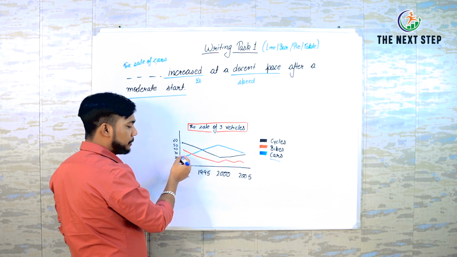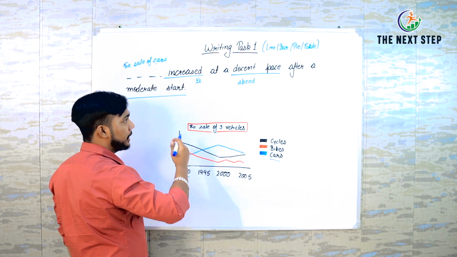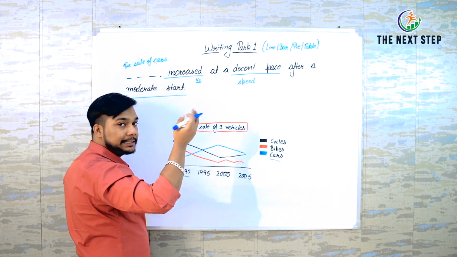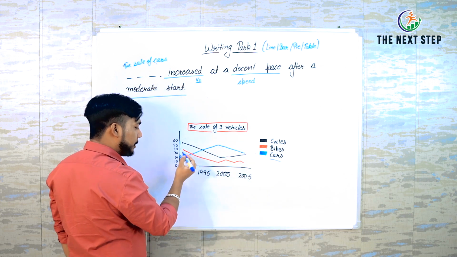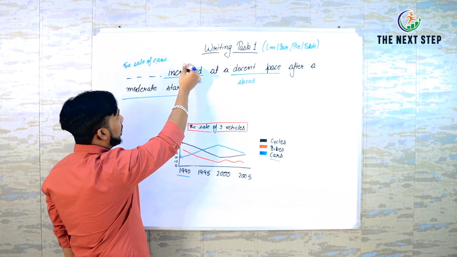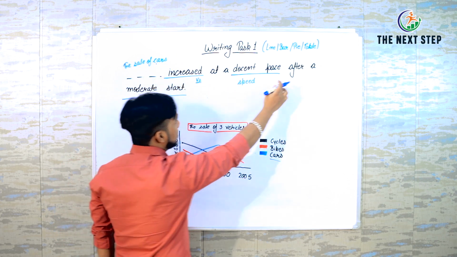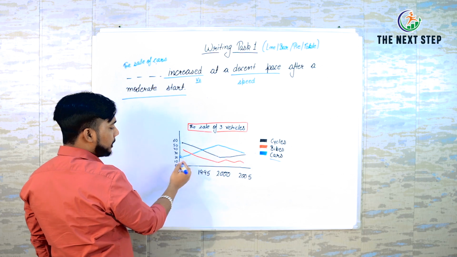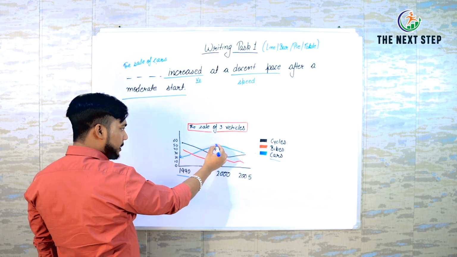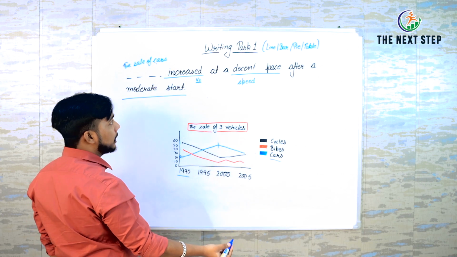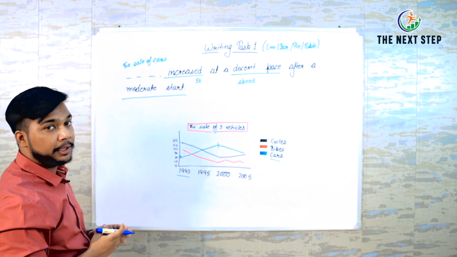As you can see, it was not very high or very low. After a moderate start. So that was 20. The sale of cars increased at a decent pace after a moderate start. So it increased till here. If you wish, you can write the time period also.